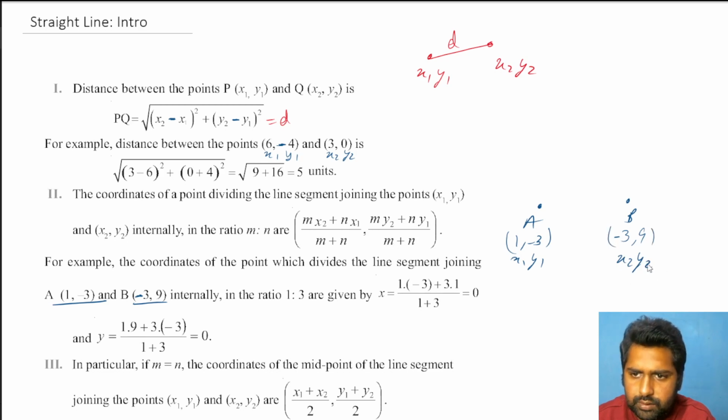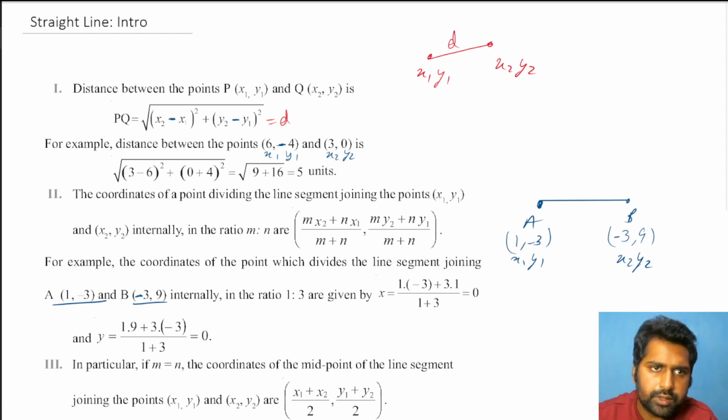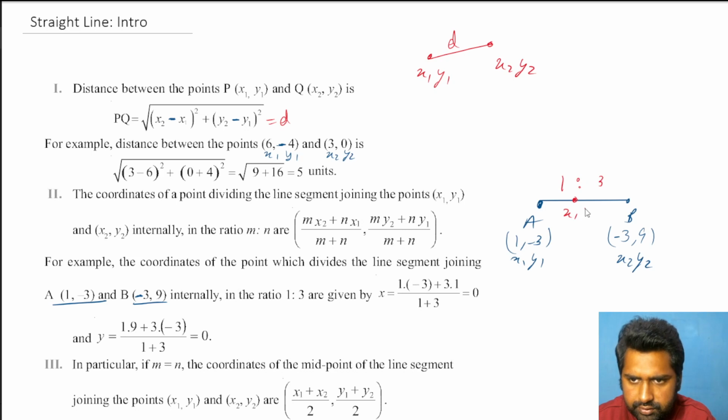Let's join them. Suppose there is another point which divides them in some particular ratio, and the ratio is given as 1:3, and you need to find the coordinate of this point x comma y.